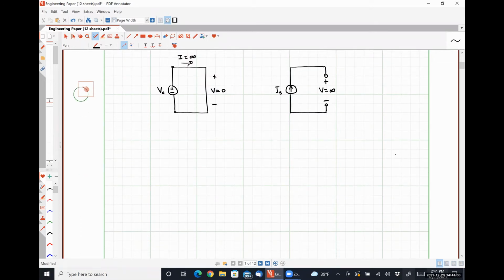So let's look at a practical voltage source circuit here. Let's say we have some voltage Vs, some resistor Rs, and a set of open circuit terminals.